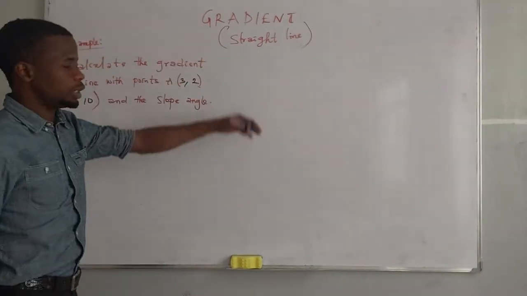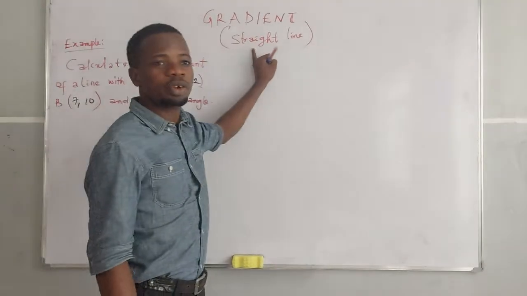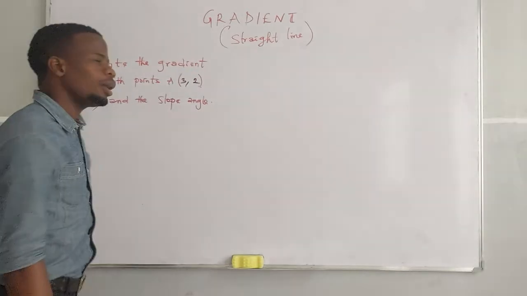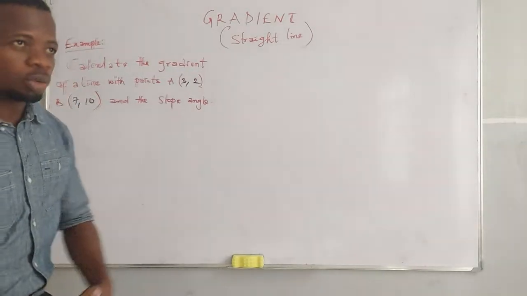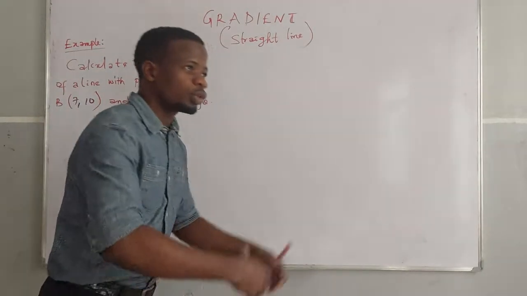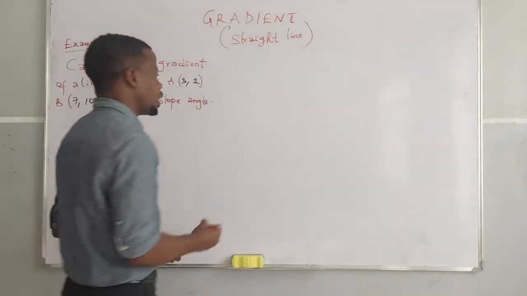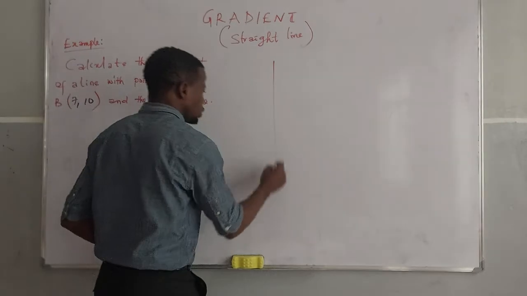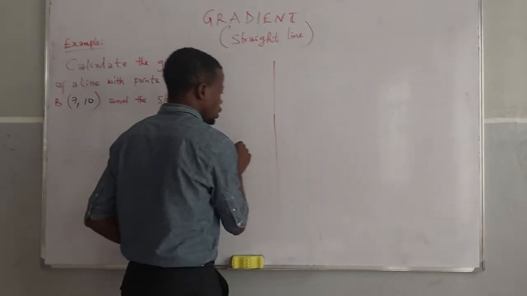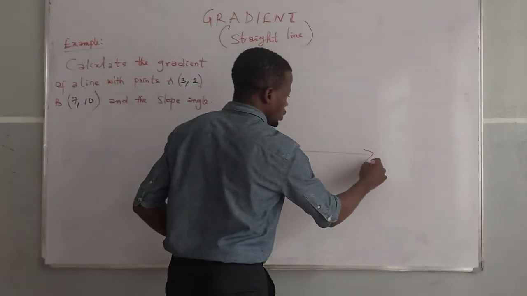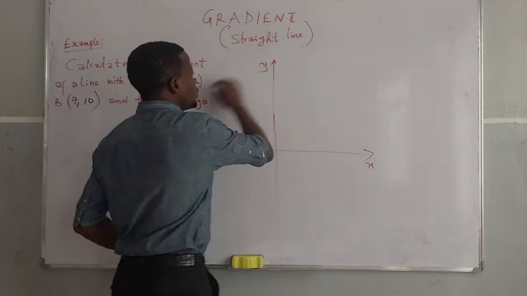Still talking about gradients, and specifically the gradient of straight lines. How do we come about the solution for the gradient of a straight line? Quickly, let's assume we have this coordinate, this is the straight line, we have x and y, right?